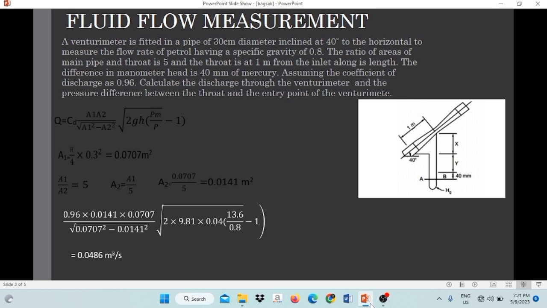So our discharge is 0.0486 cubic meter per second.